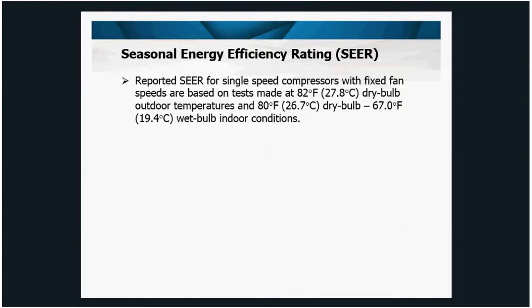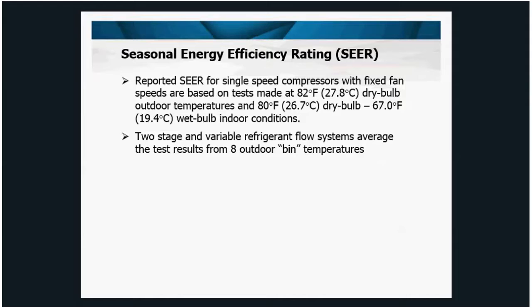When they do a SEER rating for a single speed system, and this is a unit that has a single speed compressor with a fixed single speed outdoor fan motor, they do the test at 82 degrees Fahrenheit outdoor temperatures with an indoor temperature of 80 degrees at 67 degrees wet bulb. And that's the reported for the single stage.